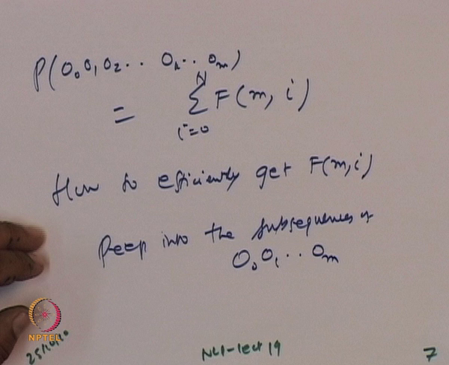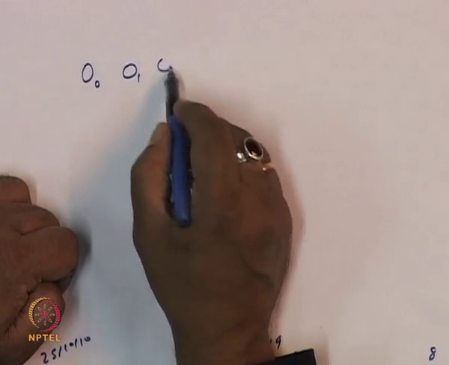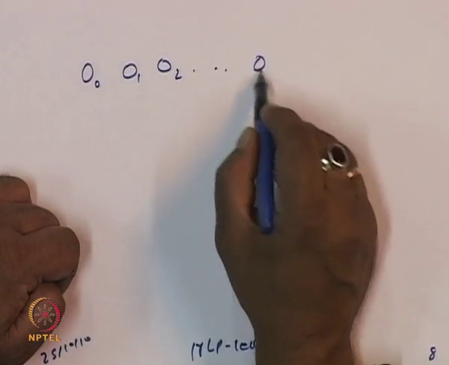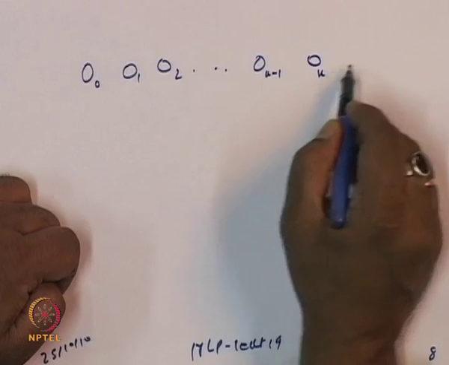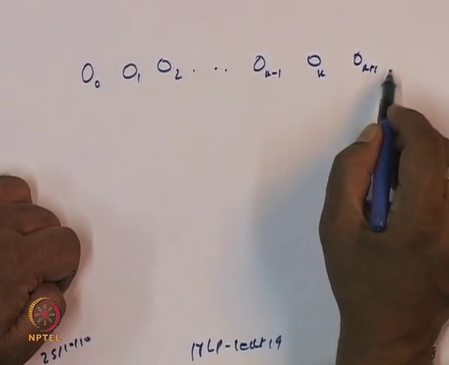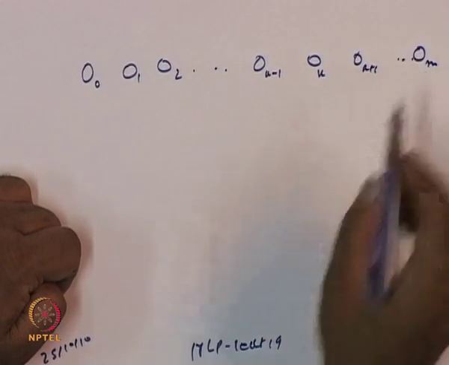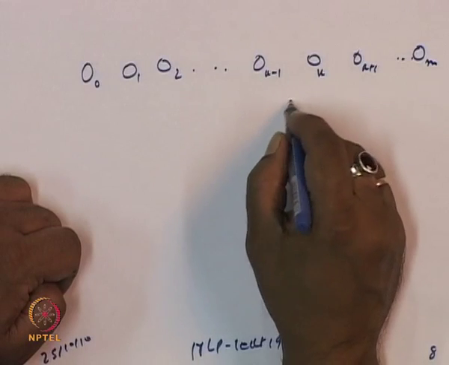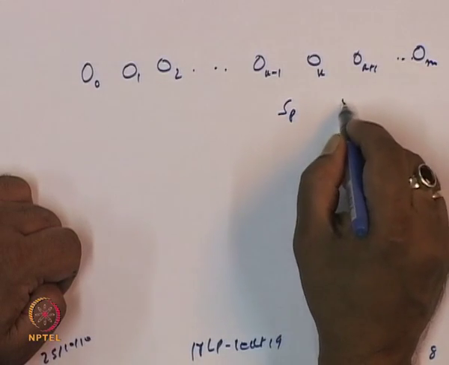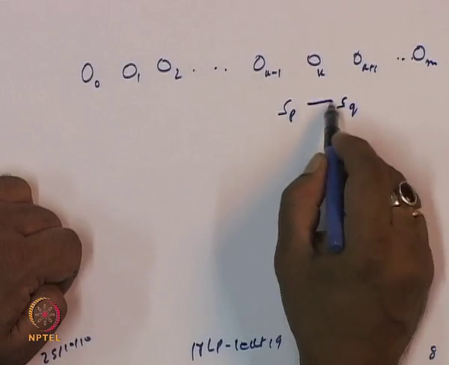So, we invoke this diagram once again: O naught, O1, O2, O k minus 1, O k, O k plus 1, O m. And we have the state here as S p and the state here as S q.